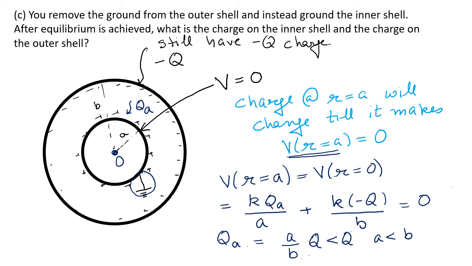The other charge remained, and it adjusted itself such that the potential on the inner conductor became zero.